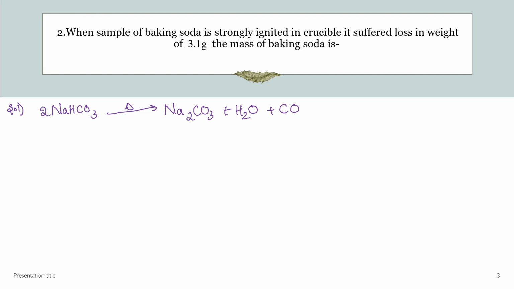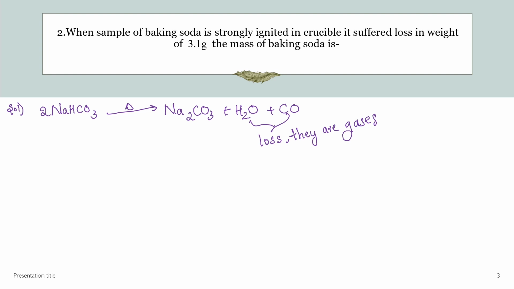So here, if we observe, these both are in the gaseous state, so there will be a loss of these molecules because they are gases. What is the molar mass of H2O?